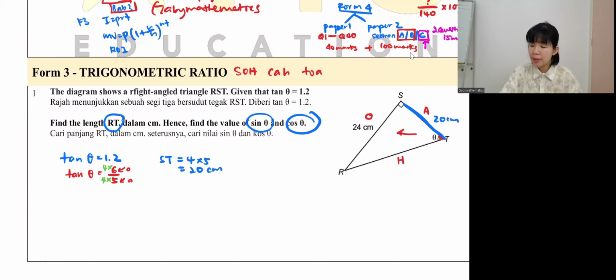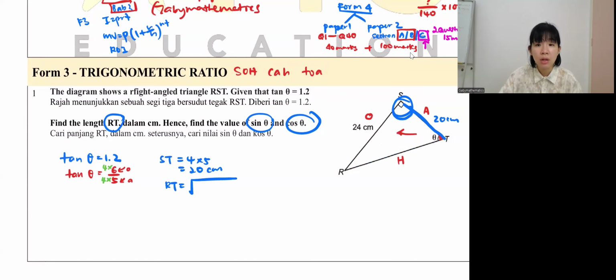So now you have 20 cm and you have 24. Can we find RT? The question asks us to find RT. We can use Pythagoras theorem. RT equals square root, plus, Pythagoras theorem. Opposite of 90° is the longest.